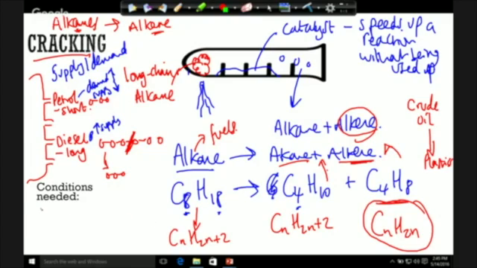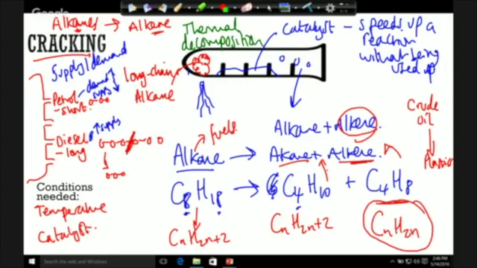So we need to remember the conditions needed for cracking are temperature and a catalyst. And you also will need to recognize that this reaction here, where you're heating something up and breaking it down into two smaller products, is an example of a thermal decomposition reaction.